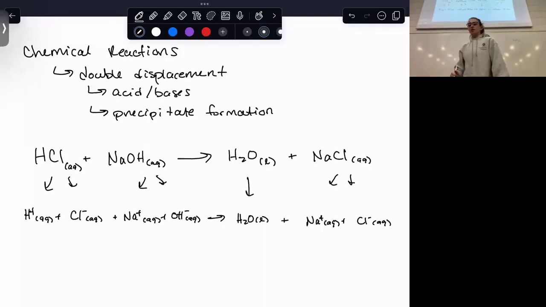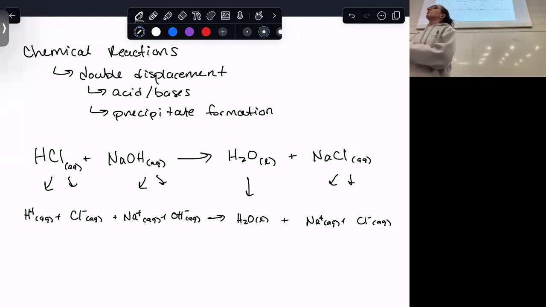When we write a net ionic equation, we're looking at what chemistry is actually happening. Our chlorine ions and our sodium ions just hang out in solution, creating something our water molecules can bounce off of. They look the same on both the left-hand side and the right-hand side of our arrow. You can think of the arrow as an equal sign, okay? But our H+ ions and our OH- ions look different.